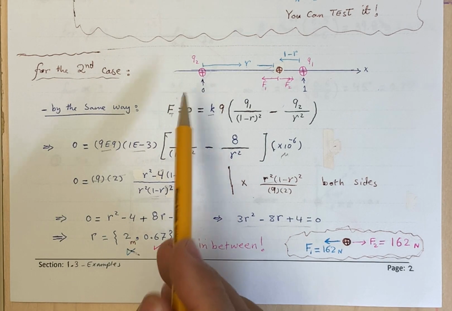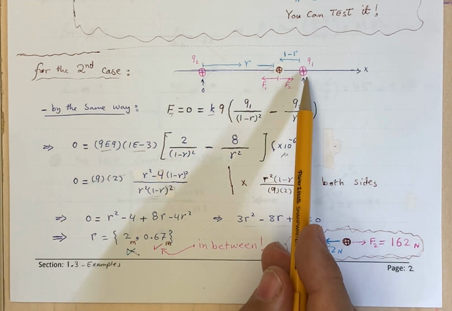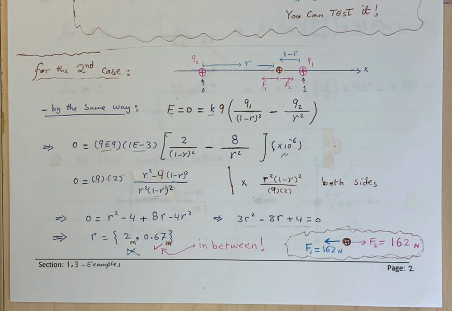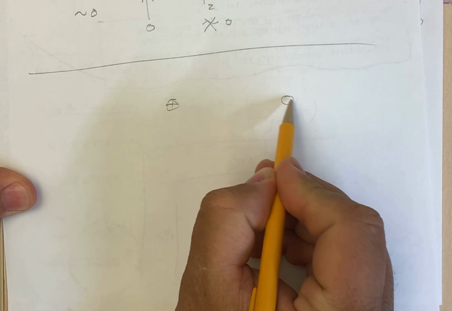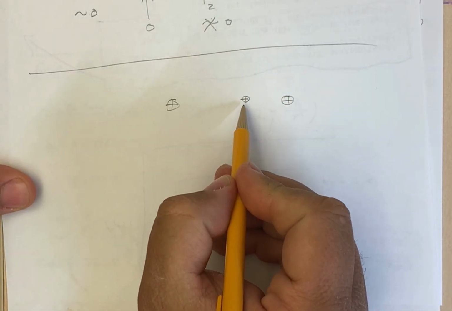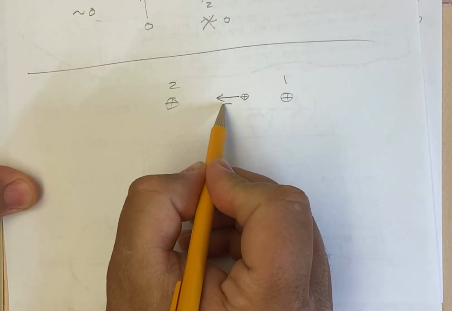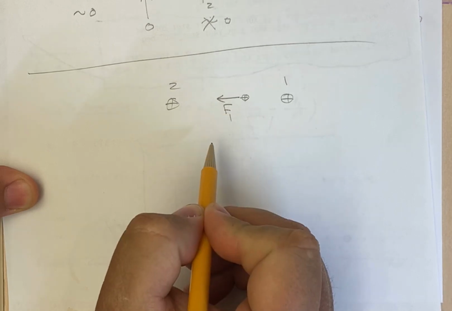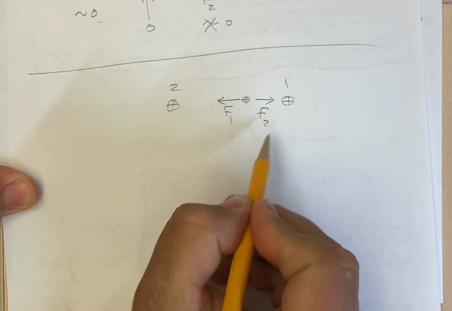As you see here, we have Q2, and I put it at the origin. We have Q1. Again, why do we need to put the test charge in between? In this case now, if we have a positive charge and another positive charge, and we put the test charge, which is another positive charge, we have a repulsive force from the first one to the left, and a repulsive force from the second one to the right.